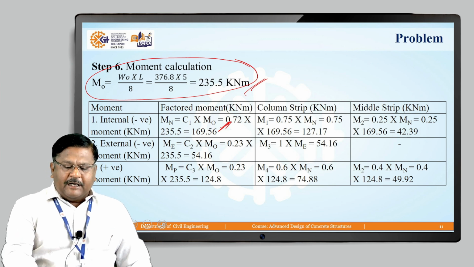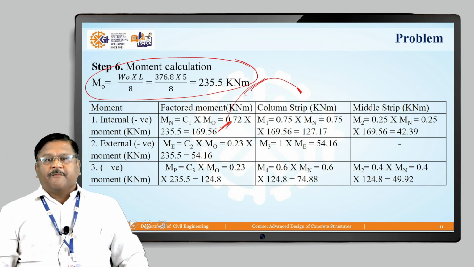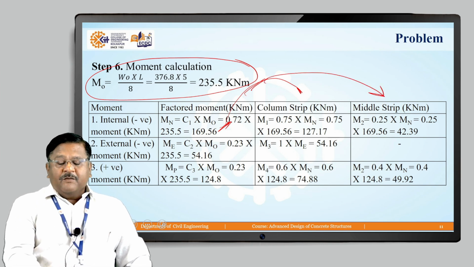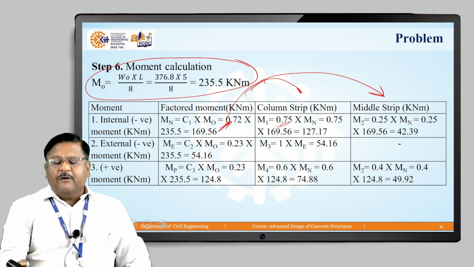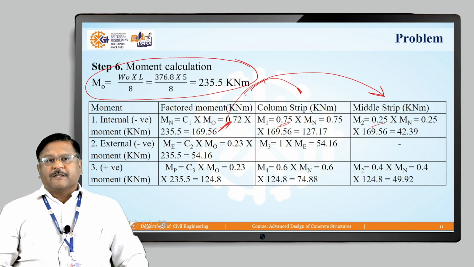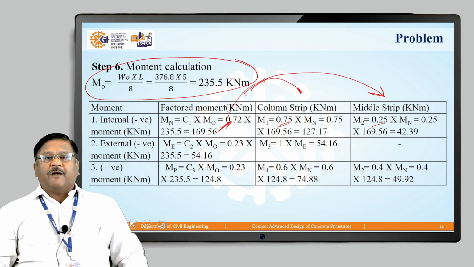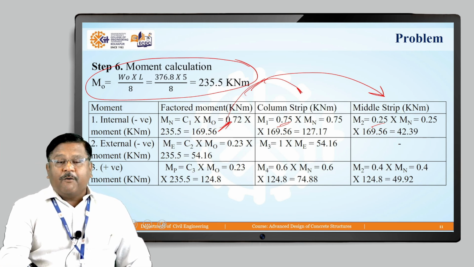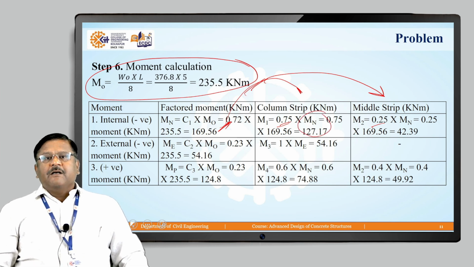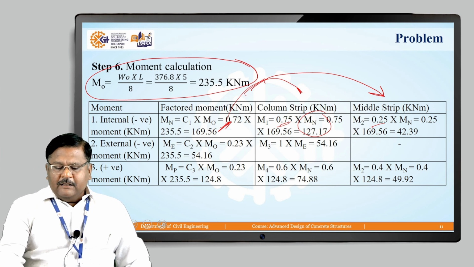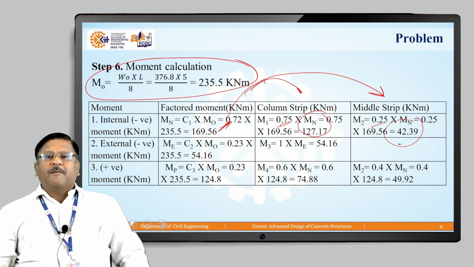Now this internal negative moment you want to distribute into column strip as well as into middle strip. So what is the distribution factor? The distribution factor is 0.75 for column and 0.25 for middle strip, which is already discussed. So this internal negative moment multiplied by 0.75, we get 127.1. This is the moment acting in a column strip, whereas 42.39 moment is acting in the middle strip.